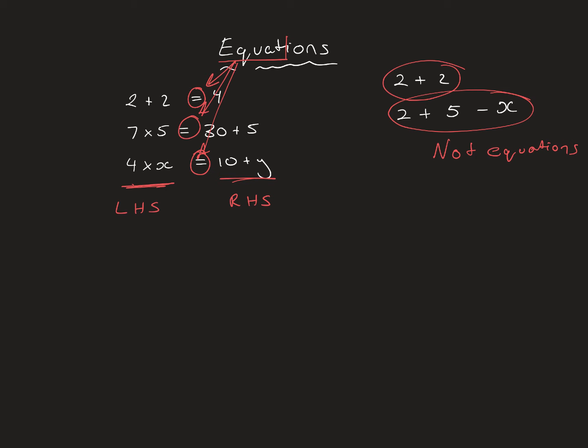So for instance, we might say here, 7 times 5 equals 30 plus 5. We can see here that 7 times 5 is equal to 35. 30 plus 5 is also 35. And so therefore the left-hand side is equal to the right-hand side.